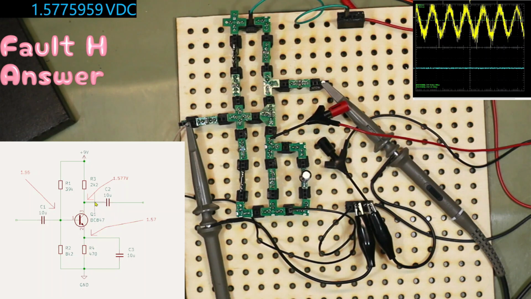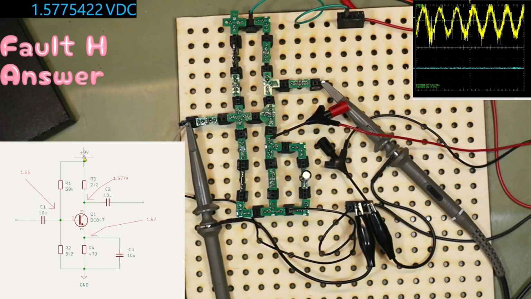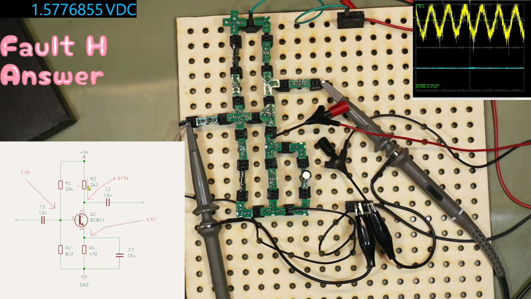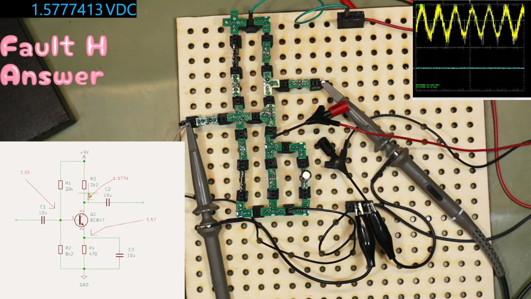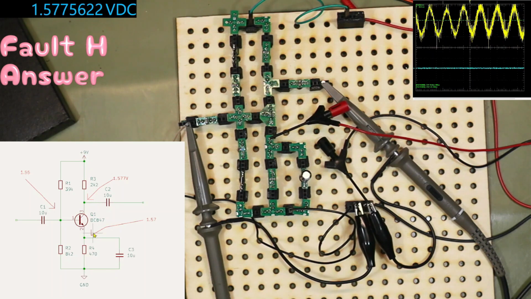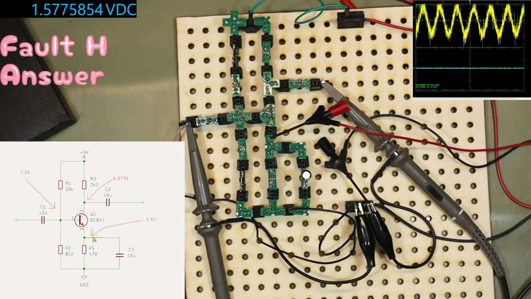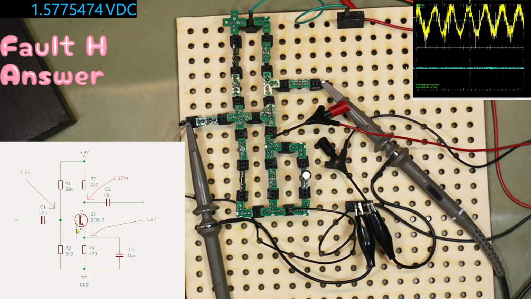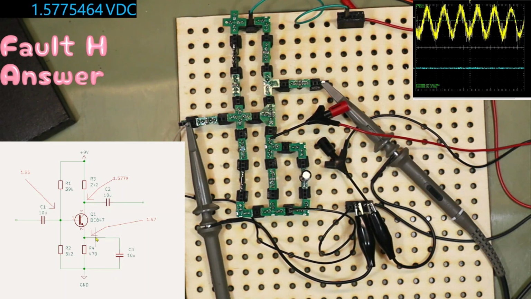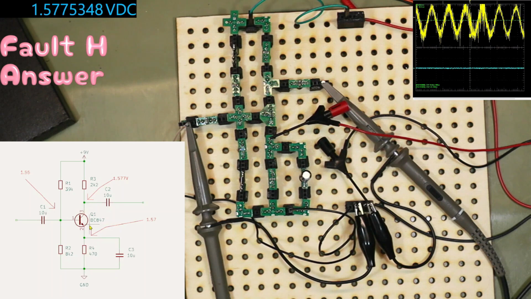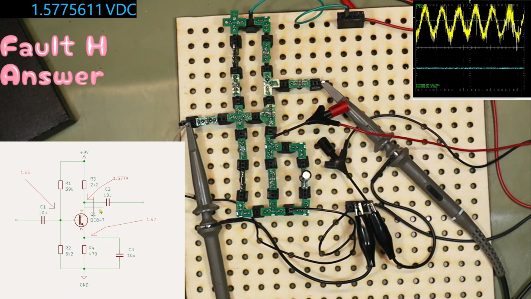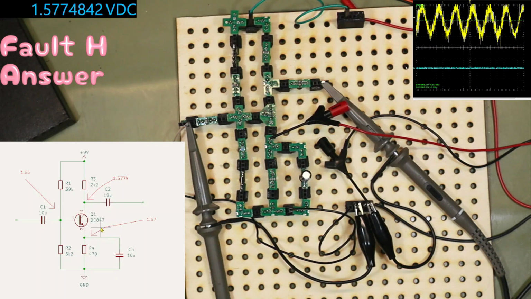Now, the fact that we have a voltage here that's not the supply rail voltage means R3 is dropping a voltage, so current must be flowing down here. The fact that 1.57 and 1.57 are the same hints that there is a fault in the transistor, because the emitter and the collector in a circuit like this should never be the same.